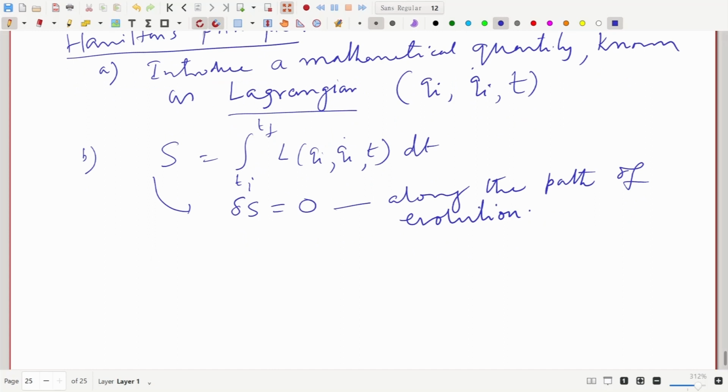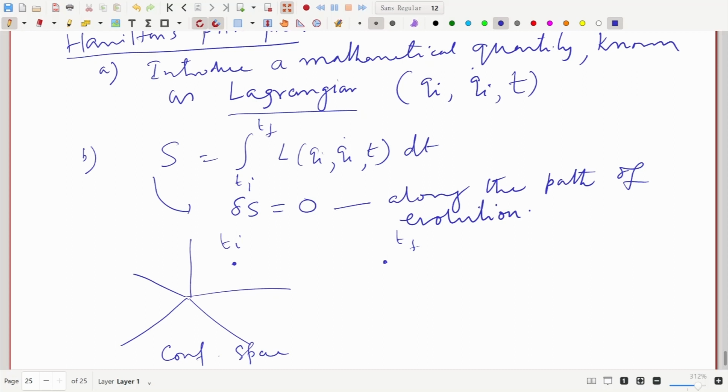A classical system is represented by a point in the configuration space. Let us say this is my configuration space, and initially the system is here, and finally the system is here. This is how the system will evolve from here to here.